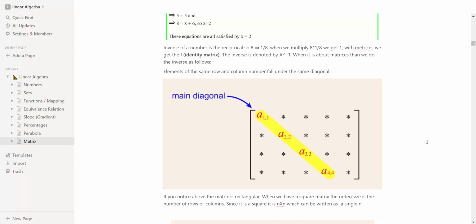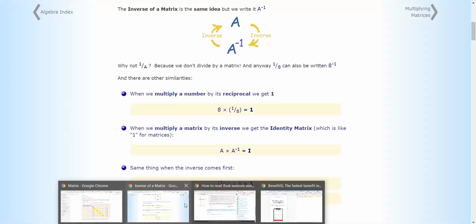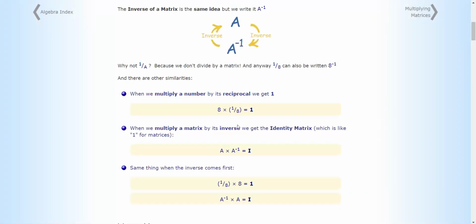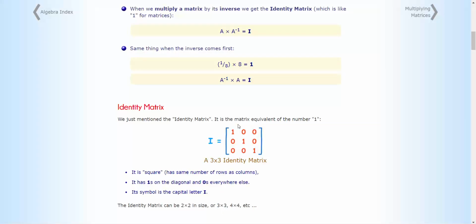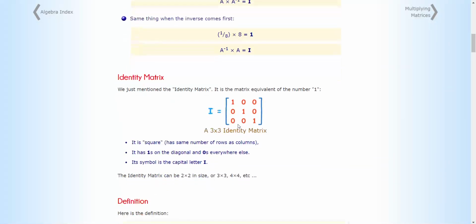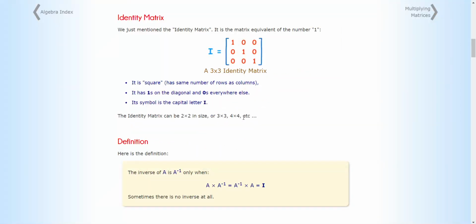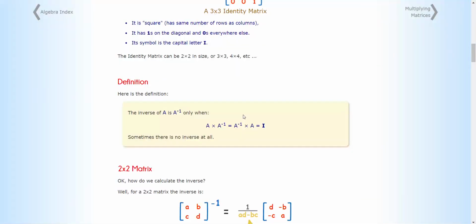A to the power of -1. Okay. The identity matrix is the matrix equivalent of the number 1. It can be 2 by 2 or any other size for that matter.